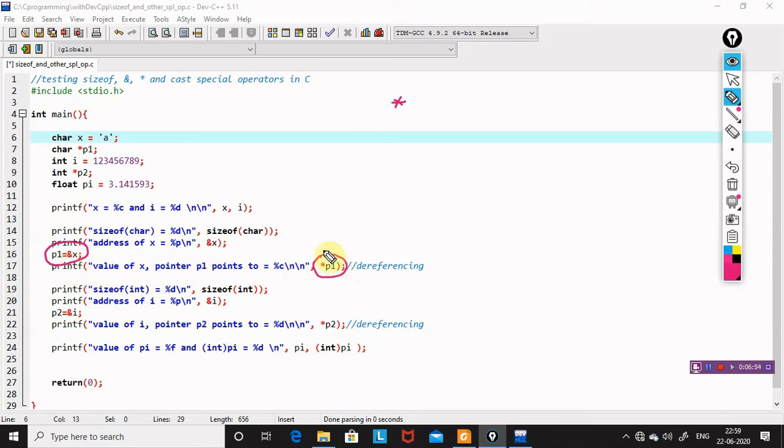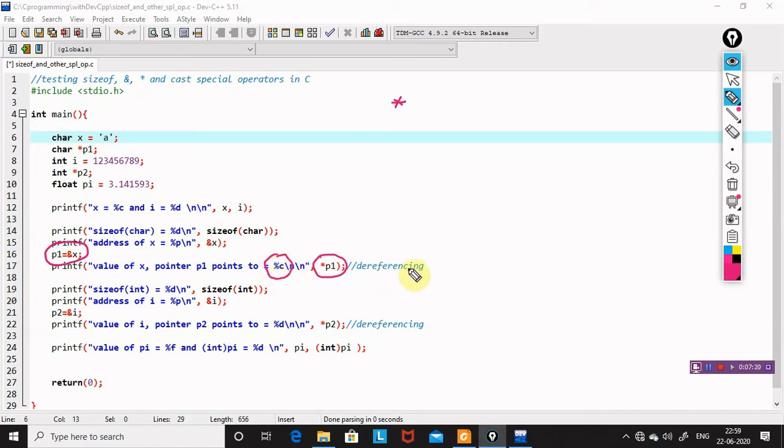that the value of the char variable x, which happens to be small case a, that value is again referenced. That value is again obtained by using star P1, and that value is printed over here using the format specifier %c.